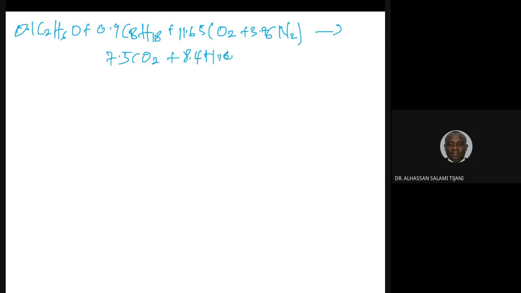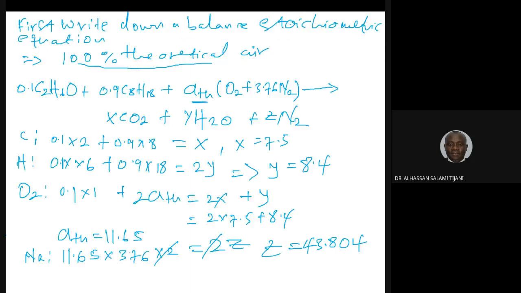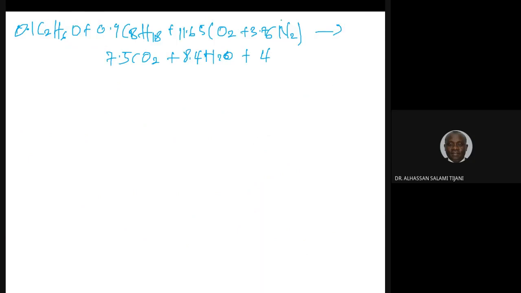Then we have 43.804 of nitrogen. All right, so this is the equation for the complete combustion situation.